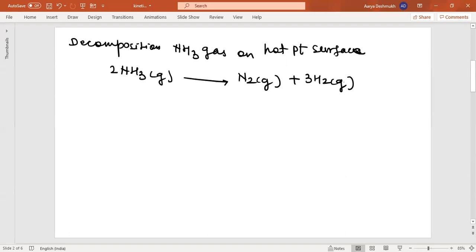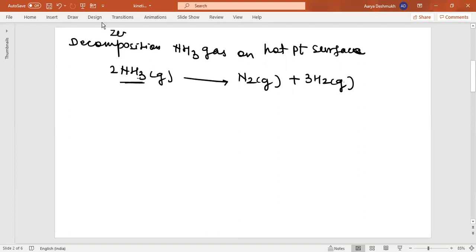But compared to the total number of NH3 molecules here in the gas phase, the number which are attached to the surface is very small. So only molecules on the surface can react, and so the rate of the reaction is independent of the total concentration of the ammonia, and it remains constant, and therefore it follows the zero order kinetics.